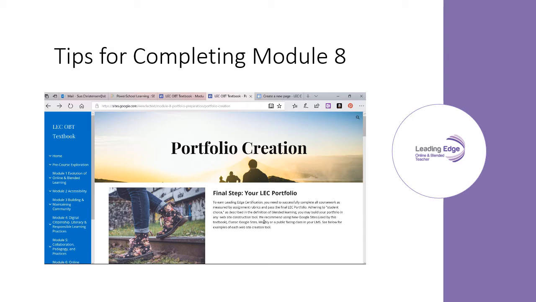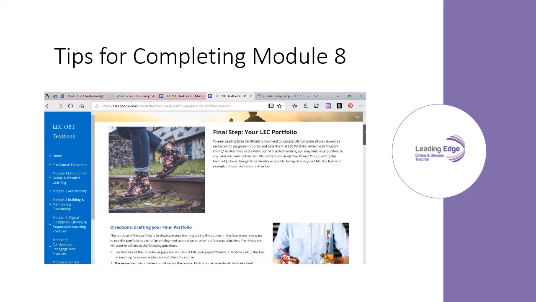There's a lot of options out there that you could use, as long as you make sure that the navigation in the website follows the same headings as you see here. But you won't use module numbers because the public has no clue what that's all about. You're just going to use the title, accessibility or evolution of online and blended learning, as your page names.